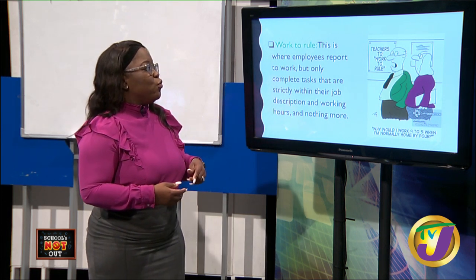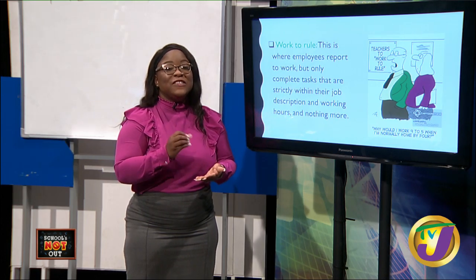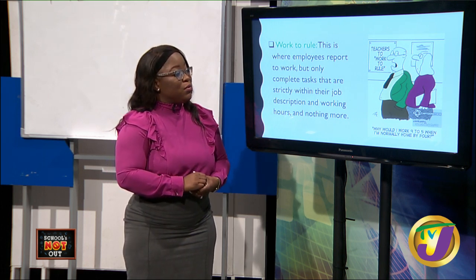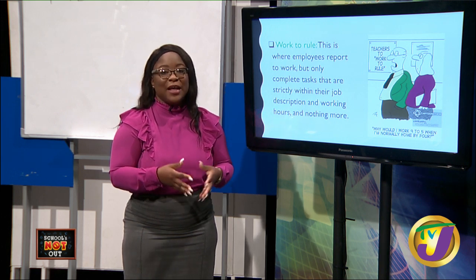Now, work to rule is one strategy used by employees to put up a fight within conflicts. And this happens where employees report to work, but they only complete the tasks that they have been assigned. So they work strictly on just jobs that have been stipulated in their job description. And they restrict what tasks they put their hands to.